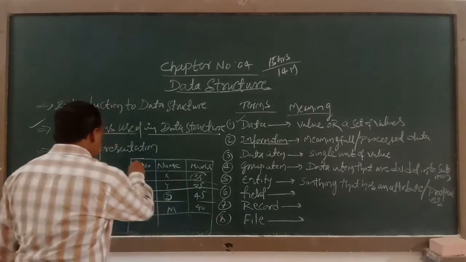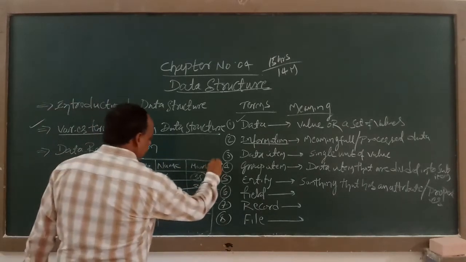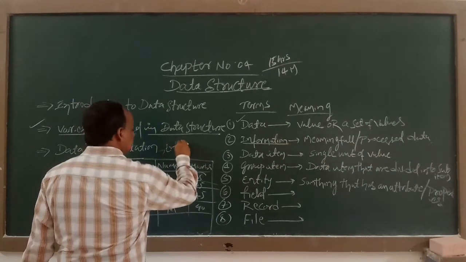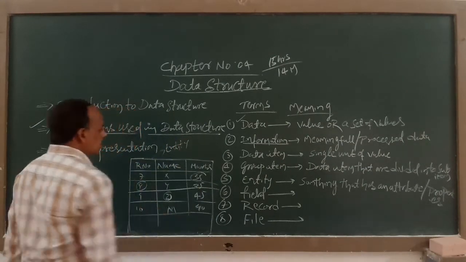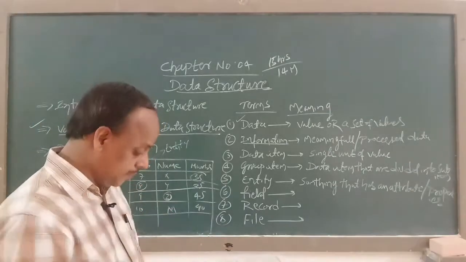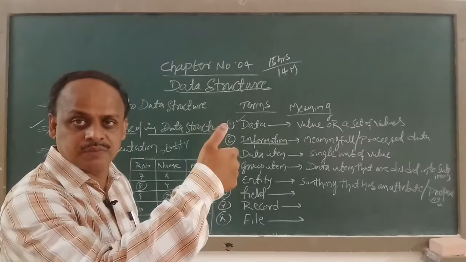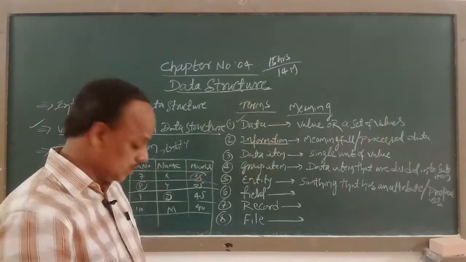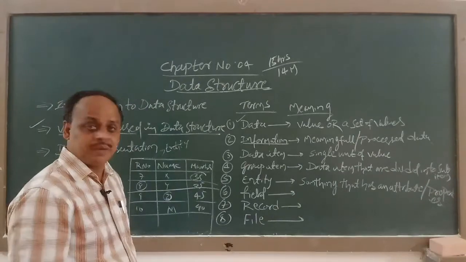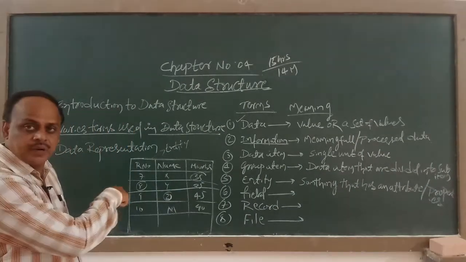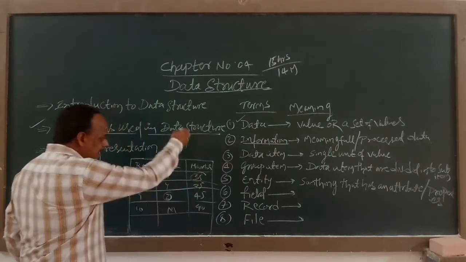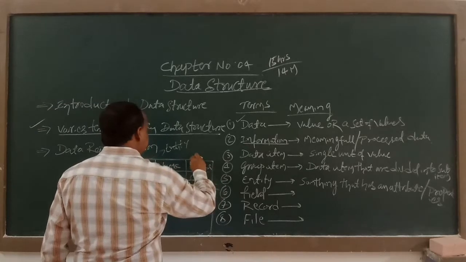For example, this overall table may be considered an entity, because an entity is something that has certain attributes. Attributes are columns or properties which may have some assigned value. Here, the columns are roll number, name, marks. These are the attributes.